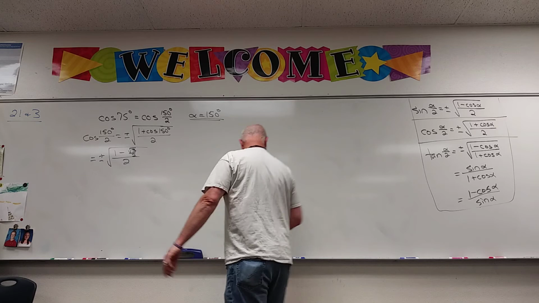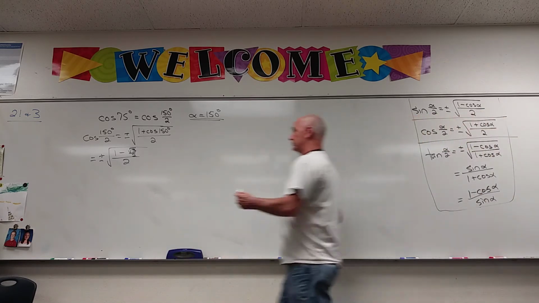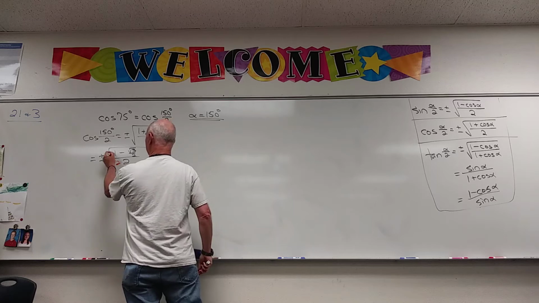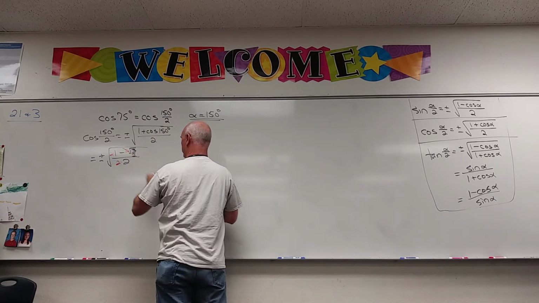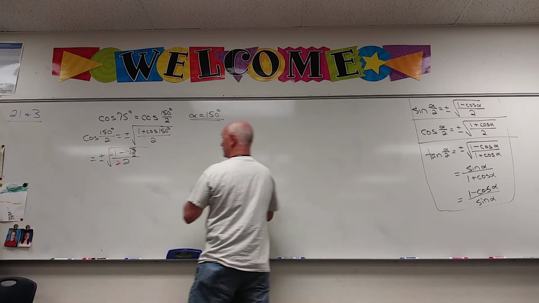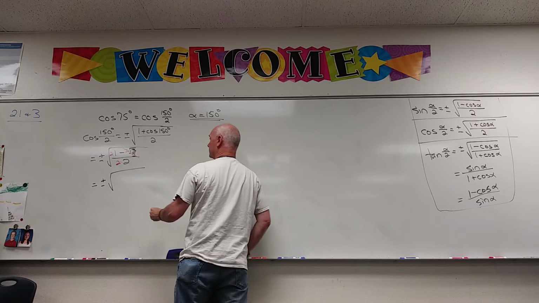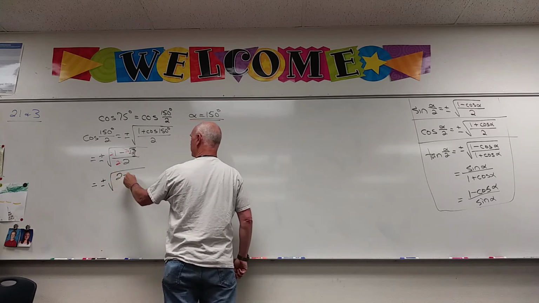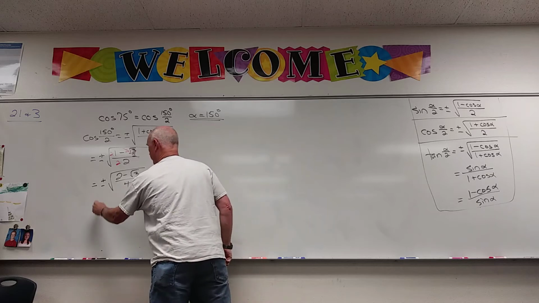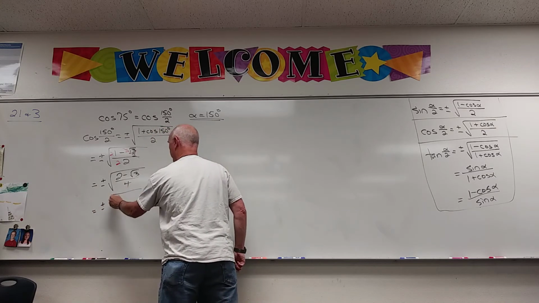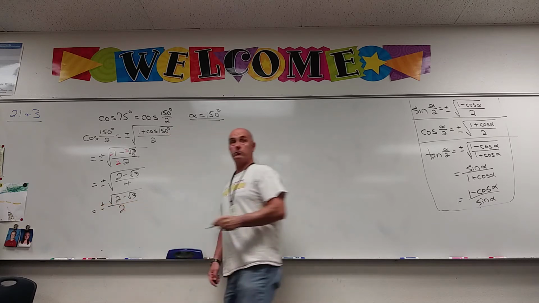All right, now what? Times 2, times 2, times 2, and then zap the 2's. Equals plus or minus the square root of 2 minus 3 over 4, which becomes plus or minus the square root of 2 minus root 3 over 2.